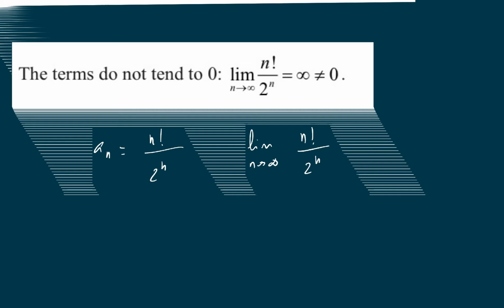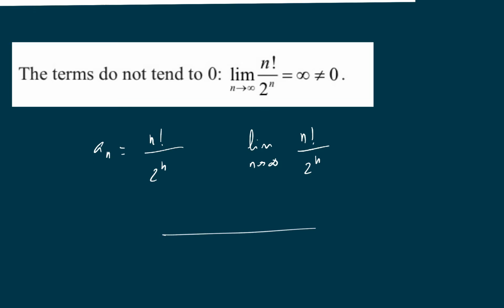When n goes to infinity, this ratio will be n multiplied by n minus 1 multiplied by n minus 2 multiplied by n minus 3, etc. So if n goes to infinity, n is infinity, while 2 to the n will be 2 by 2 by 2 by 2.